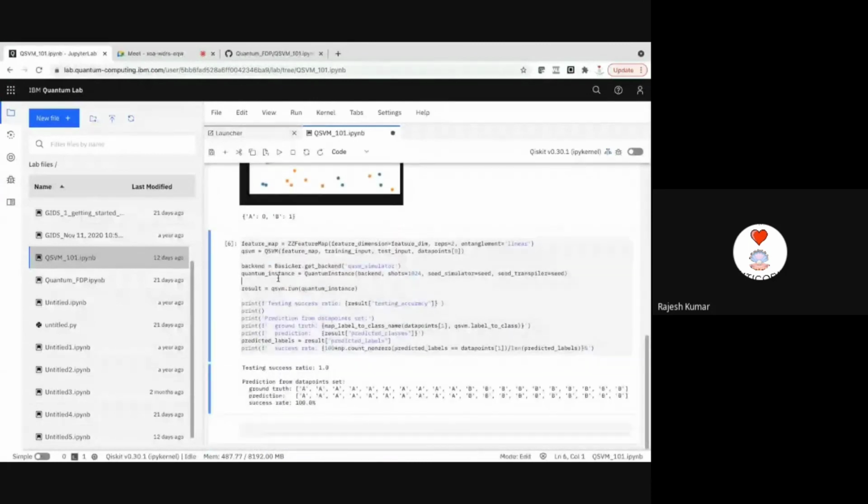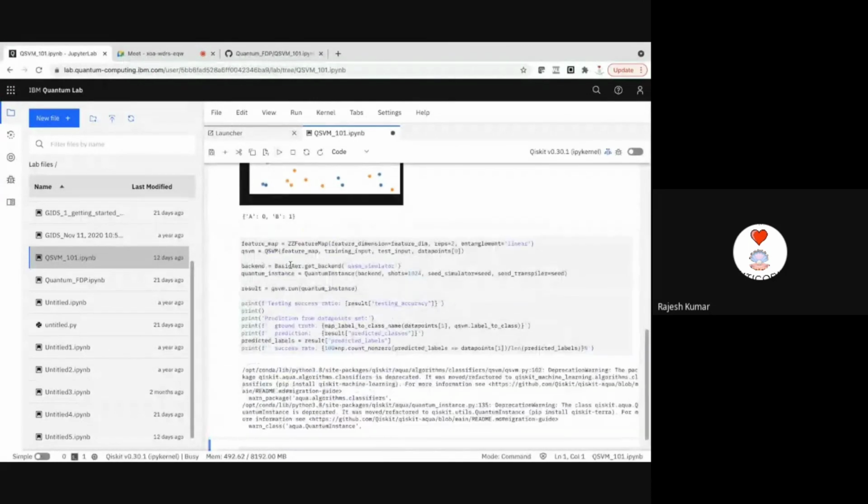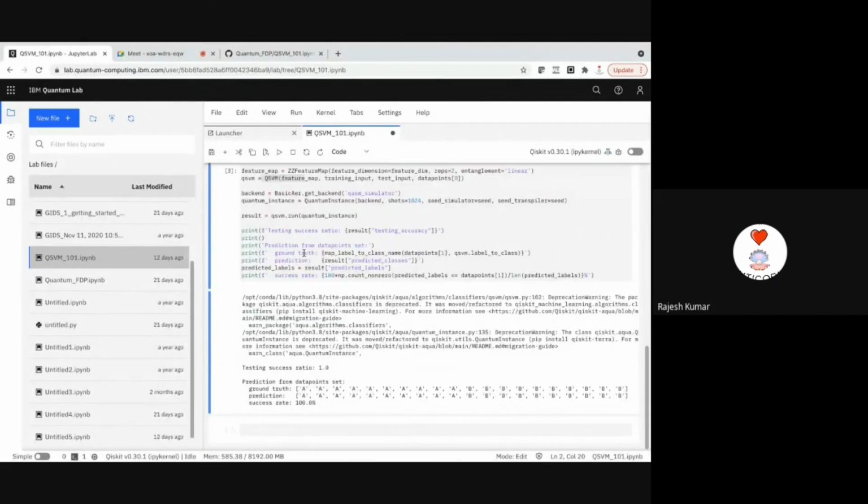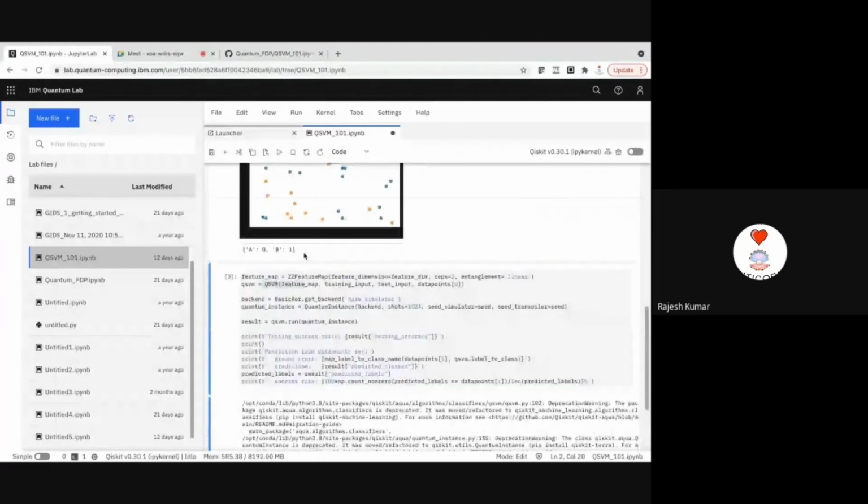The second cell also got executed, and this is where you will see the feature mapping happens. This is of course running in the simulator environment, not on the actual quantum computer. It may take a little more time, and then you will see the results coming out.